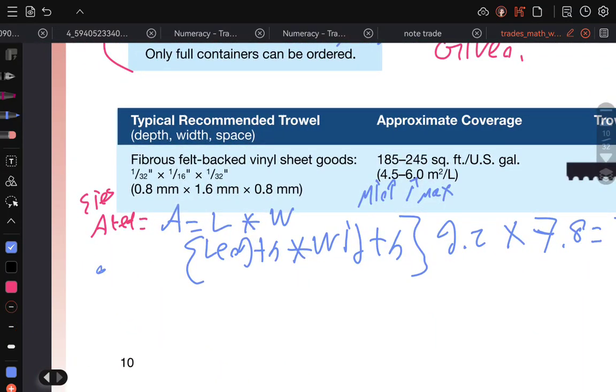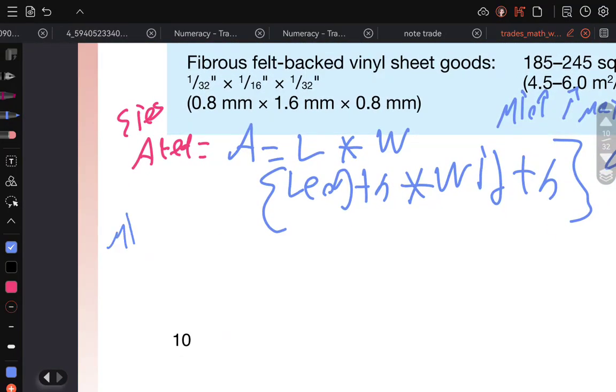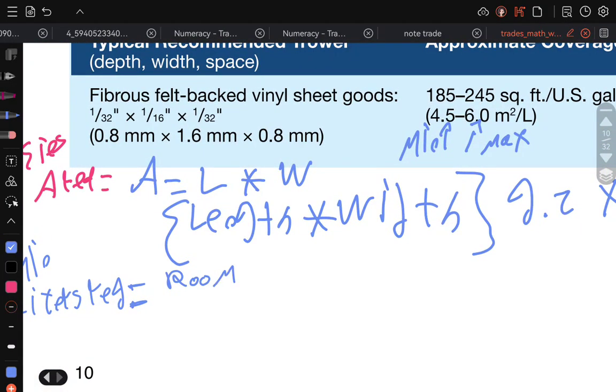Let's write min, which means minimum. So the liters required will be equal to the room area divided by the coverage.